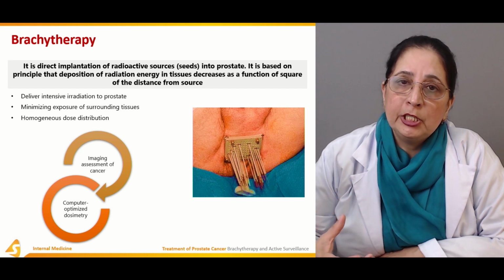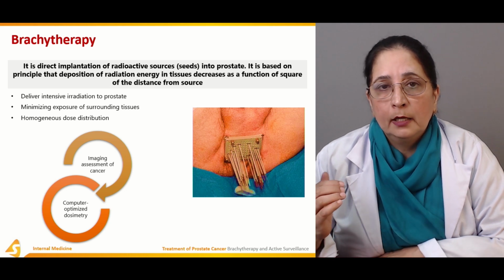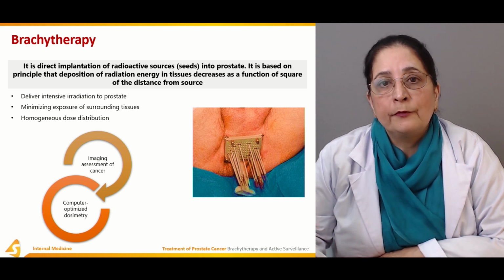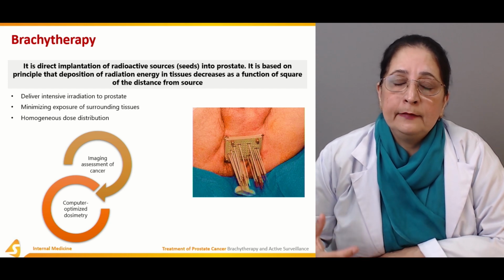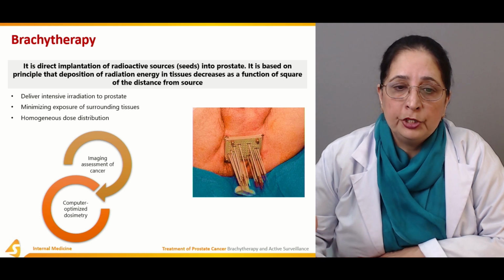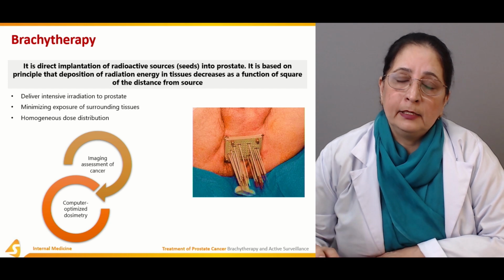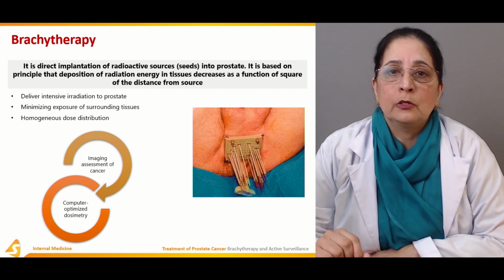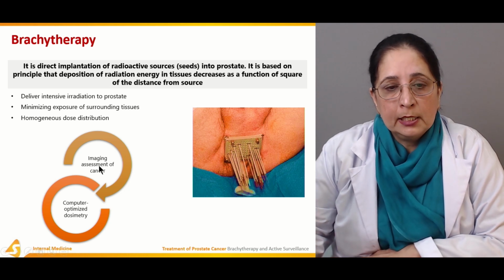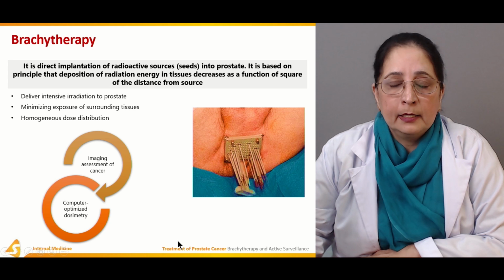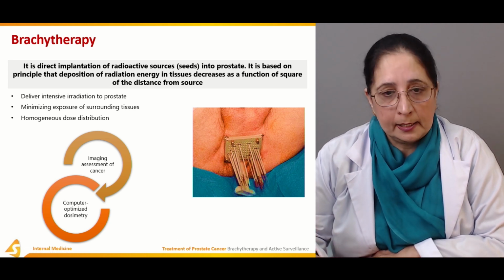In this, the radiation is given into the gland in the form of seeds which are implanted into the gland, and homogeneous distribution of radiation occurs. The damage of surrounding tissue is also limited in this case. There is imaging assessment of cancer, and computer optimized dosimetry is done.